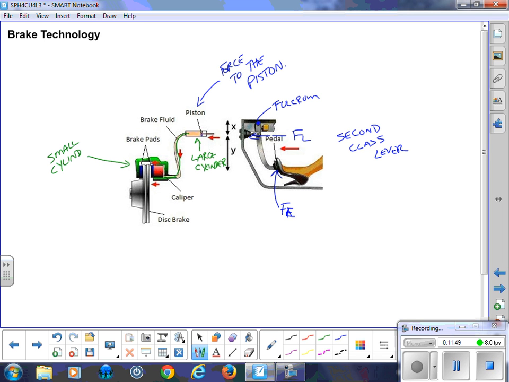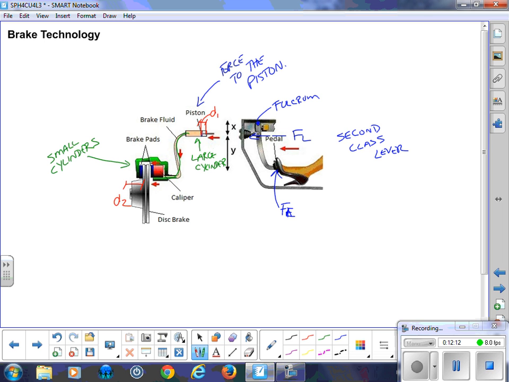Why is it the reverse? Well, the major reason is that this piston, when you are applying your brake, I'm going to call that small distance D1. Over here, when the piston's actually applied to the disc brakes, you're going to have a D2.